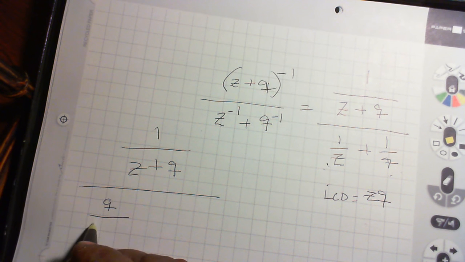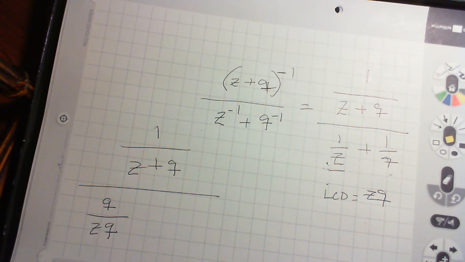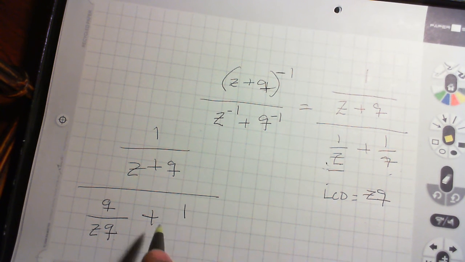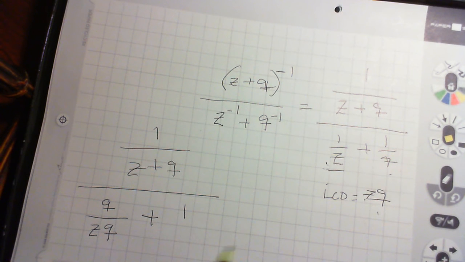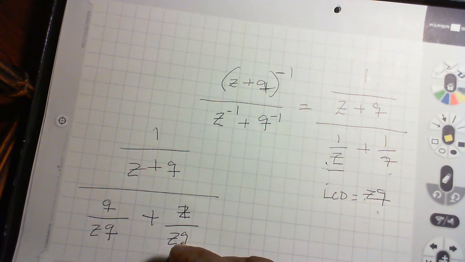So you have q over zq, right? These two cancel, you get this one back. Plus 1 over, again we do the same thing. We're going to multiply the top and the bottom here by z. So you're going to have z over zq.